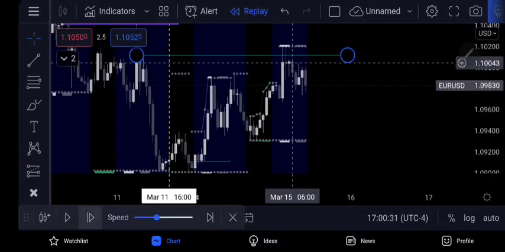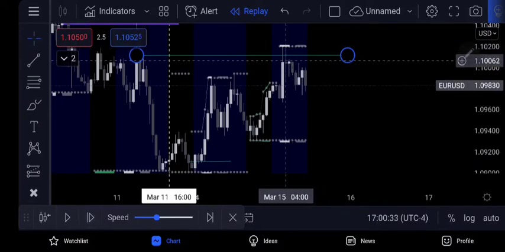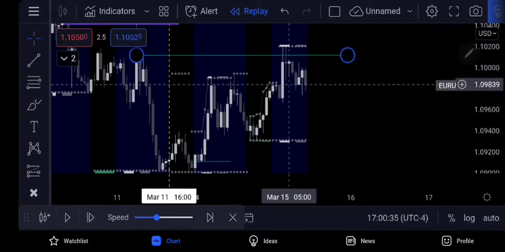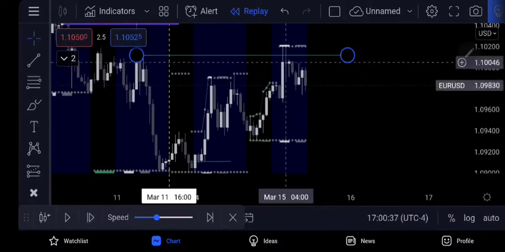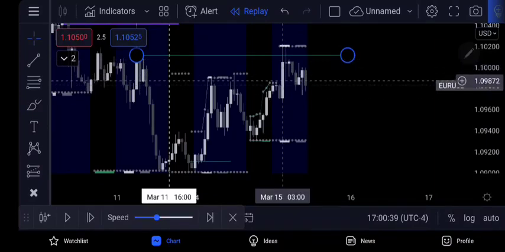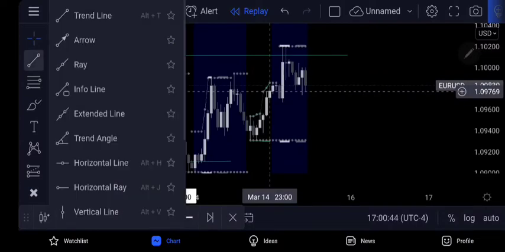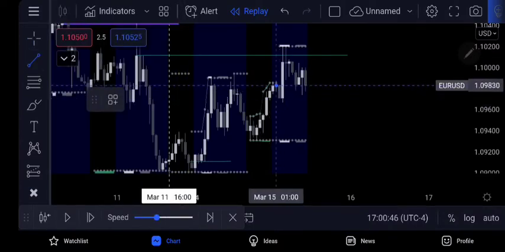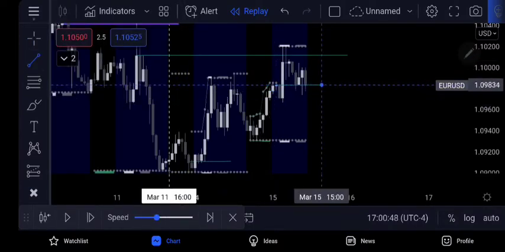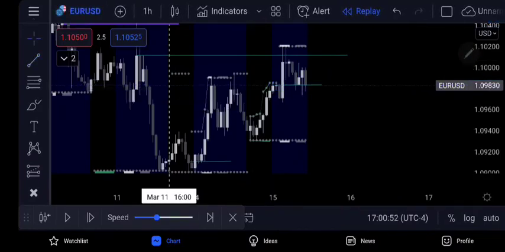Did it go much anywhere? No, because it only came down to really just mitigate off of this void setup. This is considered a void right here, or some people call it a gap. But if you were scalping, you could have found a setup on the lower time frame, and you could have scalped this. How do I know? I guarantee if I go to the 5 minute, I find a setup within that.